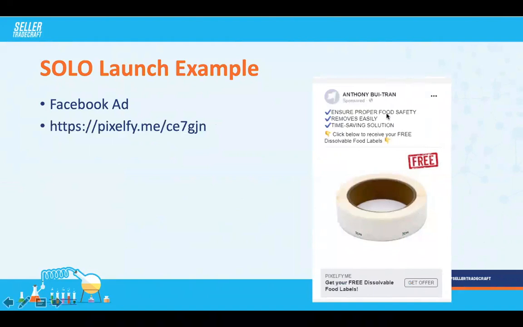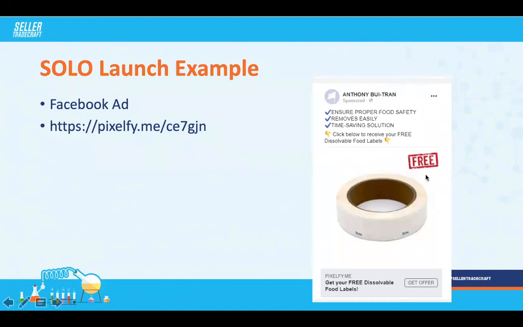So you're gonna write some benefits, and then you're gonna say, click below to receive your free dissolvable food labels, right? Because we're giving them a 100% rebate, right? And here's a link that you can use to actually see the whole solo launch example live on your phone. So feel free to enter in this link, and you can see the flow through your phone or through your desktop.